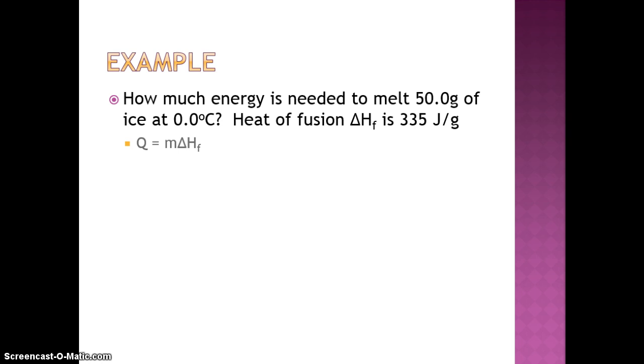Because the delta H here is given to me in grams and the units have to cancel. So 50 grams times 335 joules per gram gives me 16,750 joules, but that's too many sig figs, so I just need 3, so 16,800 joules. And such a big number, we should convert that to kilojoules. So that happens to be 16.8 kilojoules.